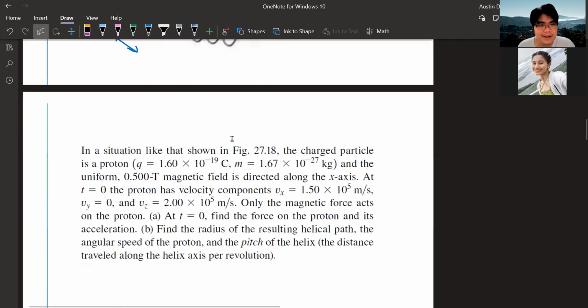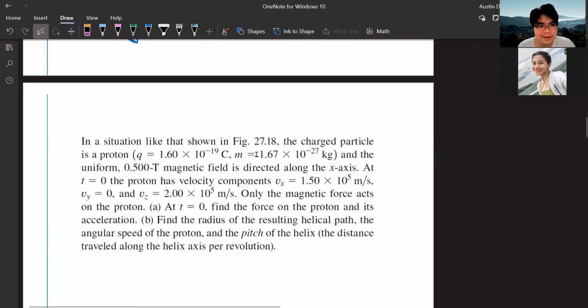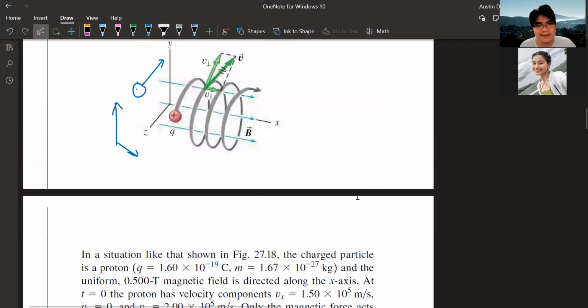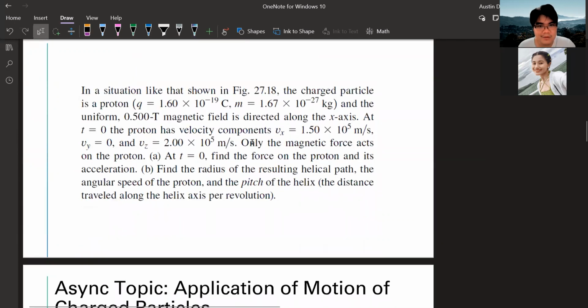Okay, in a situation like this, the charged particle is a proton, positive, and the field is uniform. The uniform magnetic field is directed along the x-axis. Okay, similar sa picture. And then what would be our initial condition?